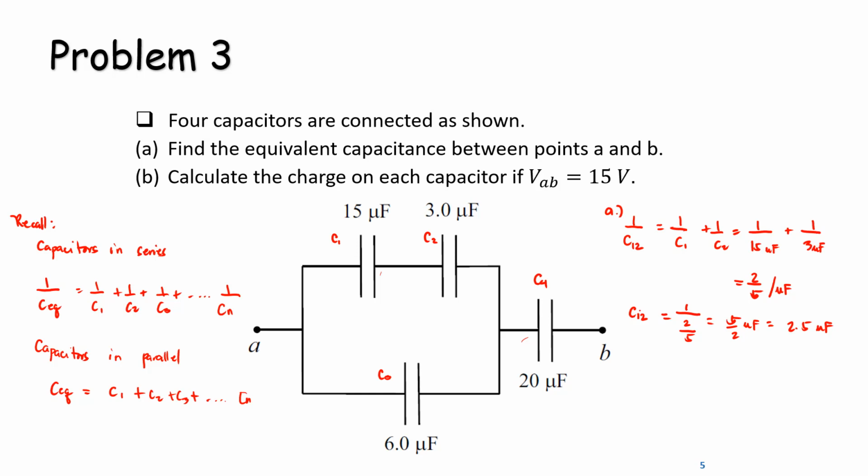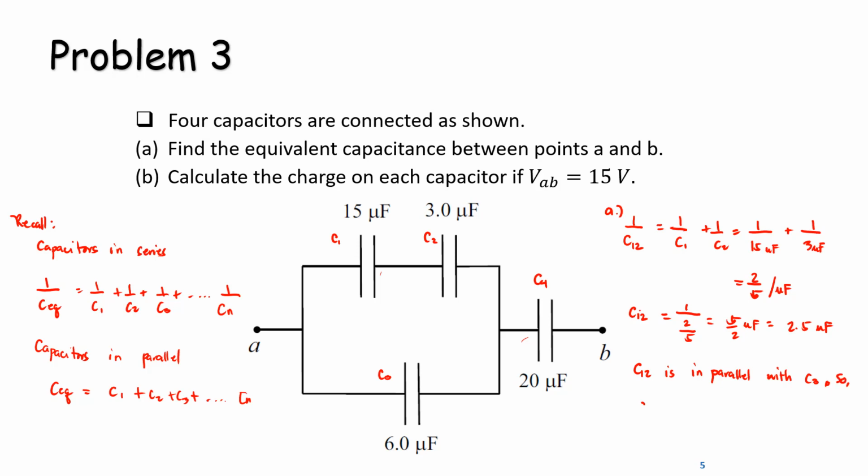Now, C12 is connected in parallel with C3. So we can replace them with one capacitor that has an equivalent capacitance equal to 2.5 microfarad, and this 2.5 microfarad capacitor is in parallel with C3.